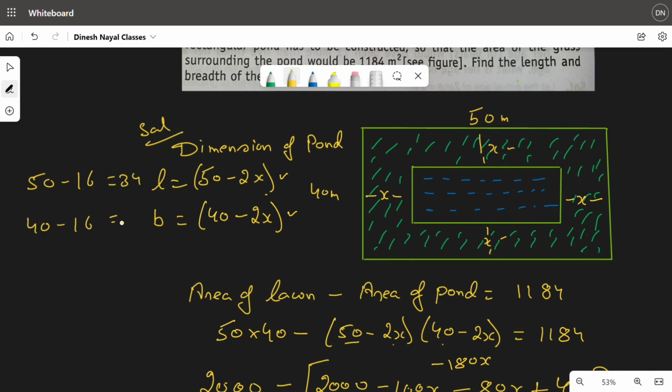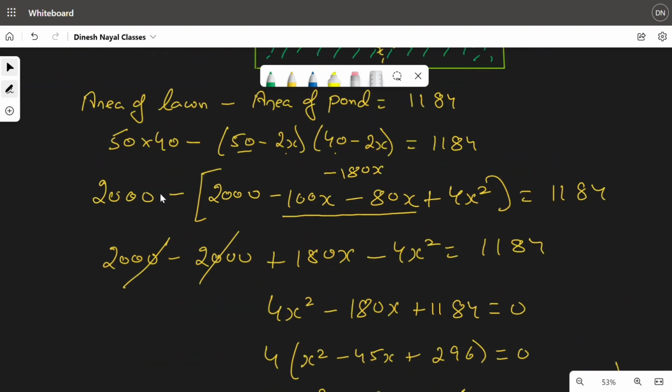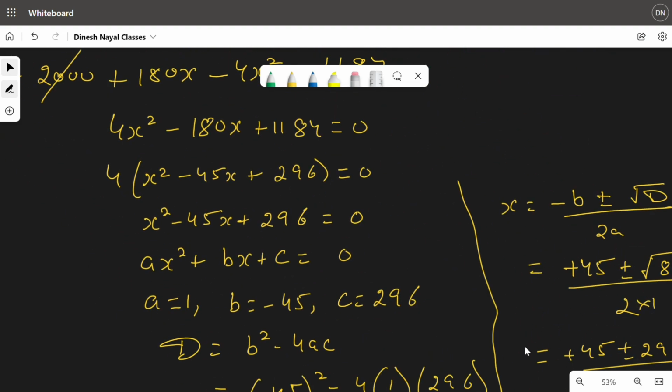Similarly, 40 minus 2 into 8 is 16, which is 24. So the dimensions of the pond are 34 meter and 24 meter. So that is possible, hence x equal to 8 is the acceptable value.